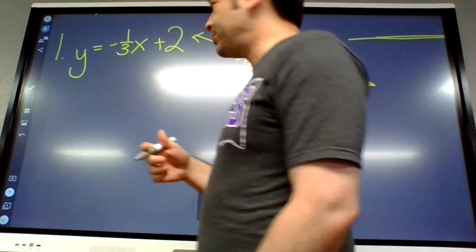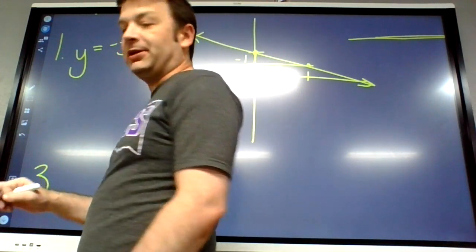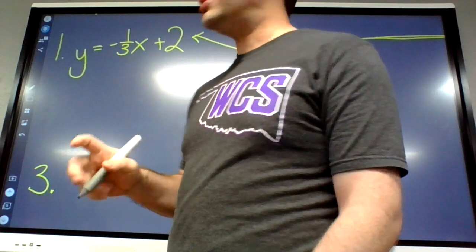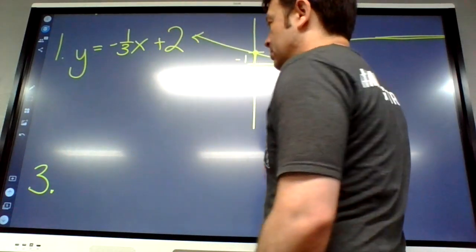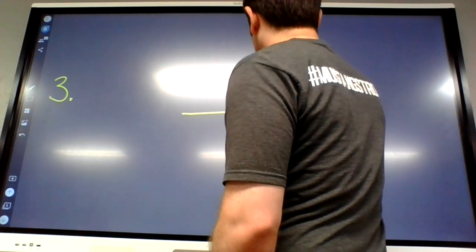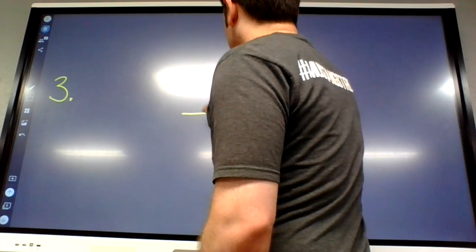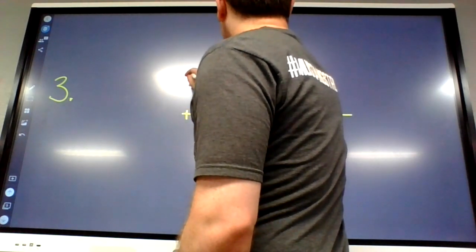Okay, on number 3, this one's a little trickier because the points are a little harder to find, but what are some identifiable points on number 3? -2, 4. -6, 3. Yes, -6, 3.